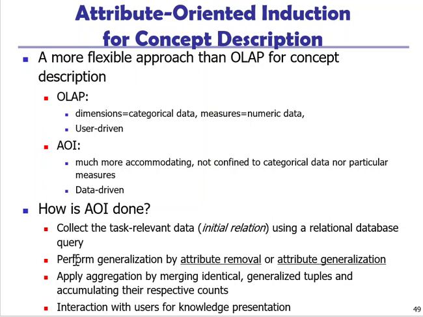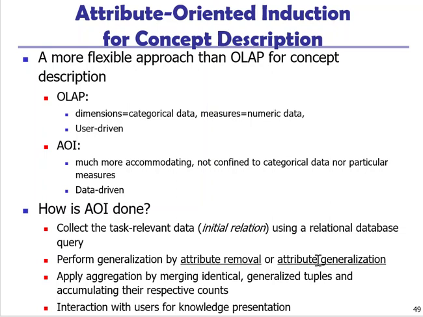And then you will perform concept generalization using two methods. One is attribute removal, another is attribute generalization. With attribute removal, attributes or dimensions that are not relevant or very hard to generalize get removed. Or you use attribute generalization.